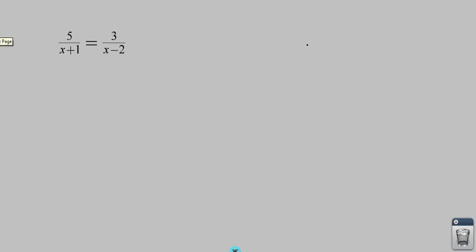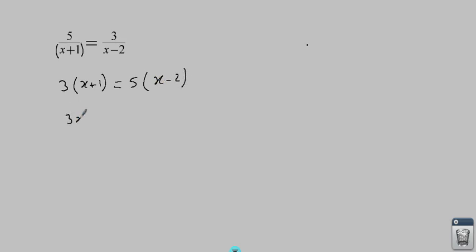This is another example to stress the idea of the invisible brackets. We have one fraction here, one fraction here. So we can cross multiply. Cross multiplication gives us 3 times x plus 1 inside brackets, remember the invisible brackets, equals 5 times x minus 2.